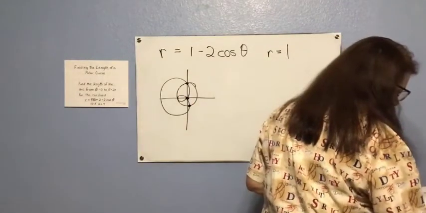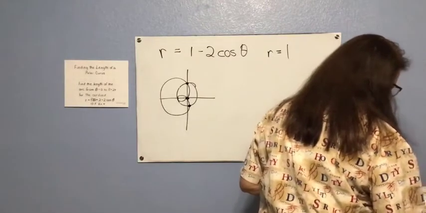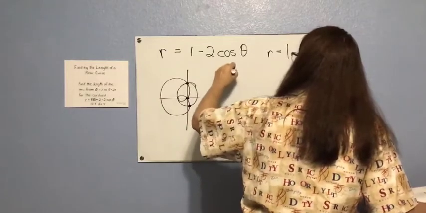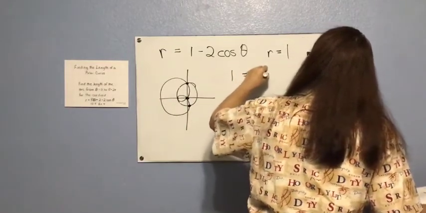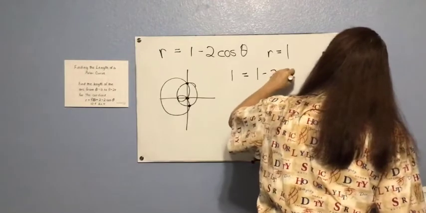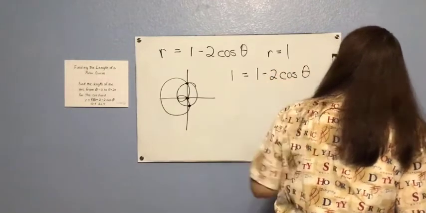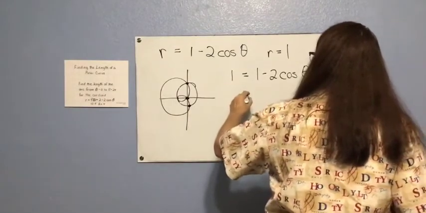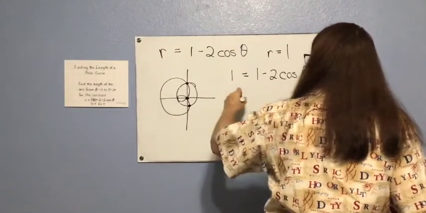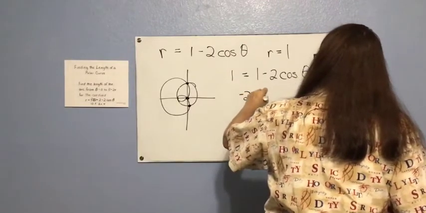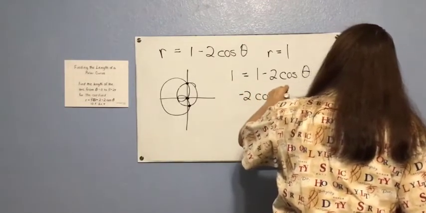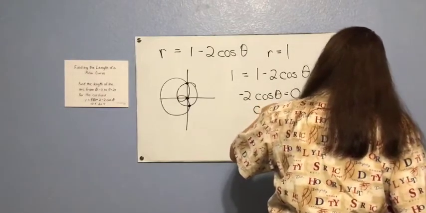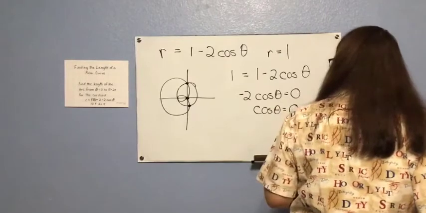So if I just took the two equations, and they're both solved for r, I could just say 1 is equal to 1 minus 2 cosine theta. Well, this obviously means that negative 2 cosine theta has to equal 0, or we could even just say cosine theta equals 0.